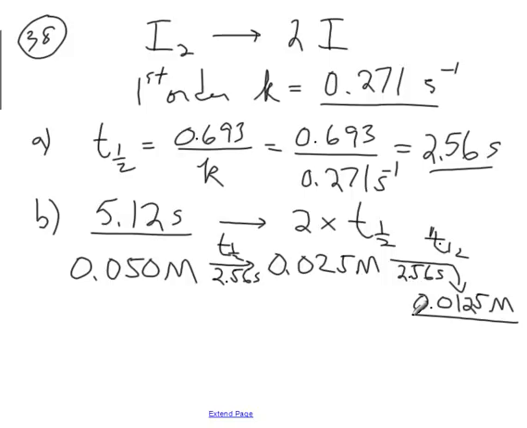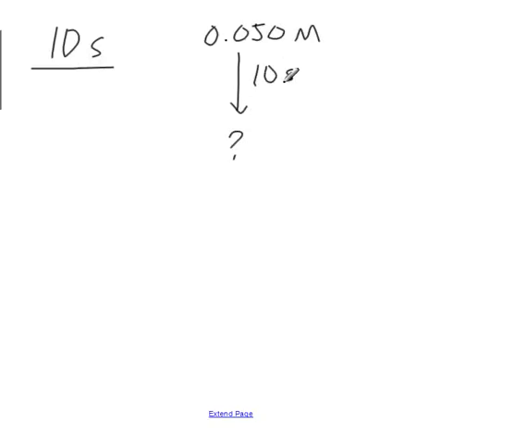While we're here, let me ask a question that's not on the sheet. Suppose instead of 5.12 seconds, you had 10 seconds. How much of that 0.05 molar that you start with will remain after 10 seconds? What did we know about this process?